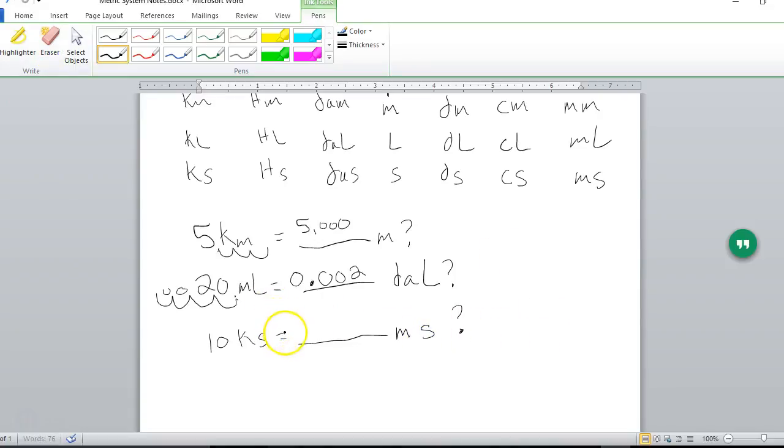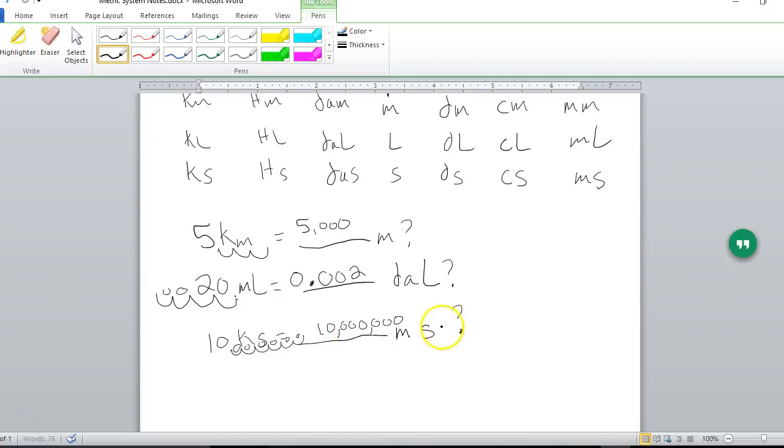From kilo to milli, so 1, 2, 3, 4, 5, 6. So 6 to the right. Here's your decimal point. It's going to be 10 with 6 zeros after it: 1, 2, 3, 4, 5, 6. Or just count: here's your 10, and then count 6 zeros.